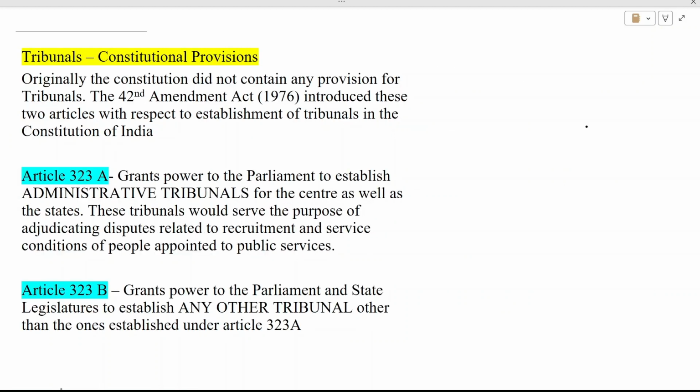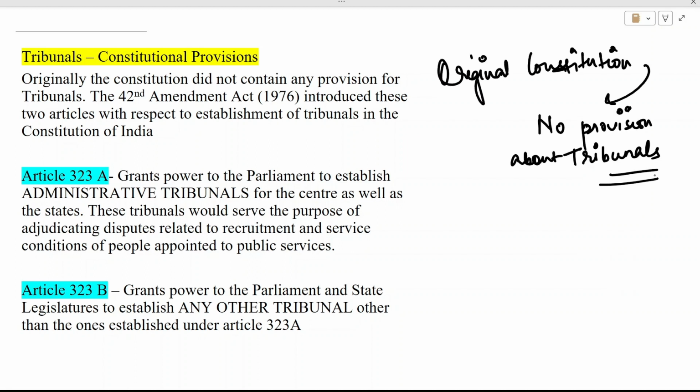As far as tribunals are concerned, you must know one thing, that when our constitution was originally drafted, we did not have anything about tribunals. So, in our original constitution, there was absolutely no provision about tribunals.